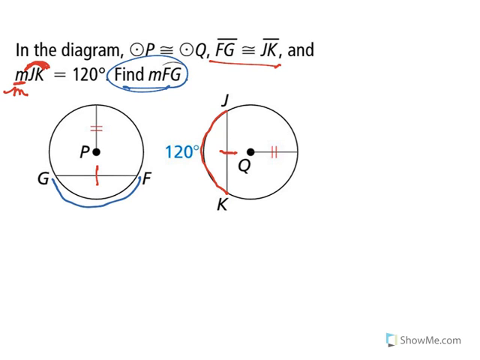You might remember that if we have two congruent circles, which we do because the radius is congruent to the radius, the two radii are congruent, so therefore we have congruent circles. So if our two circles are congruent, then our minor arcs are congruent if our chords are congruent. That was the first one that we talked about. So if this arc is 120, then this arc is 120.